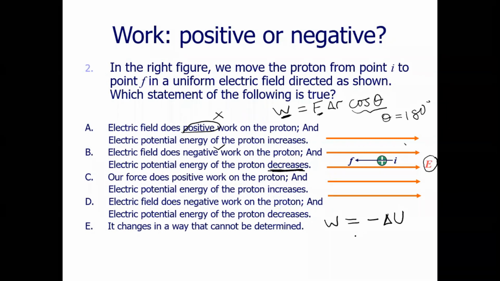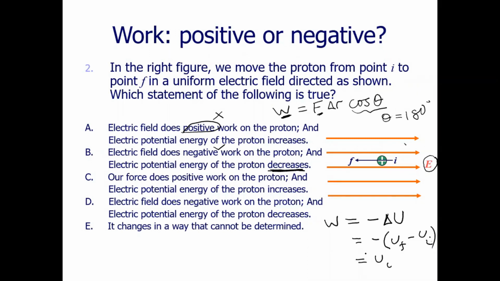Now, what does this change mean? The change means the final minus the initial. Are we together? When you distribute the negative, it means you are saying Ui minus Uf. So the initial potential must be greater than the final potential in order for us to have a negative work.